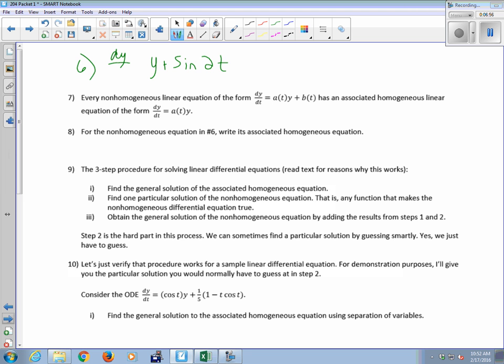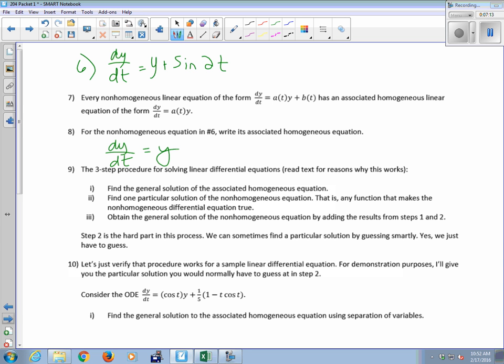I want to write down its associated homogeneous equation. So you just drop the b of t and you get dy dt equals y.